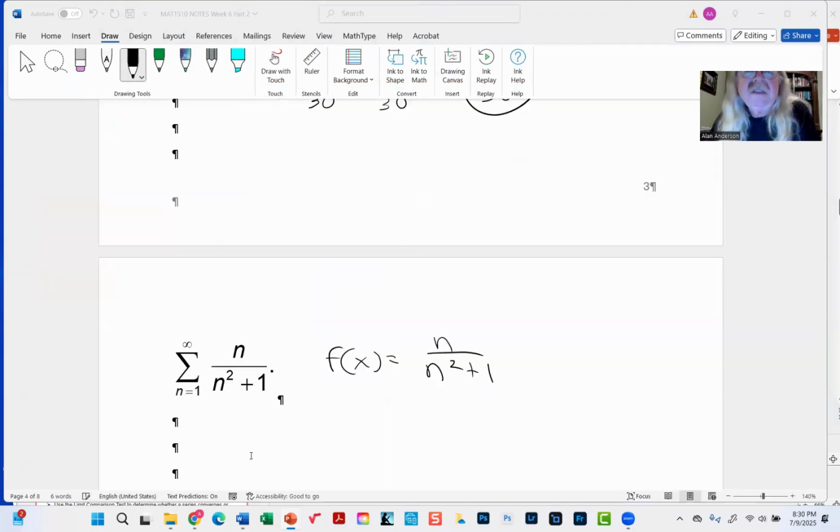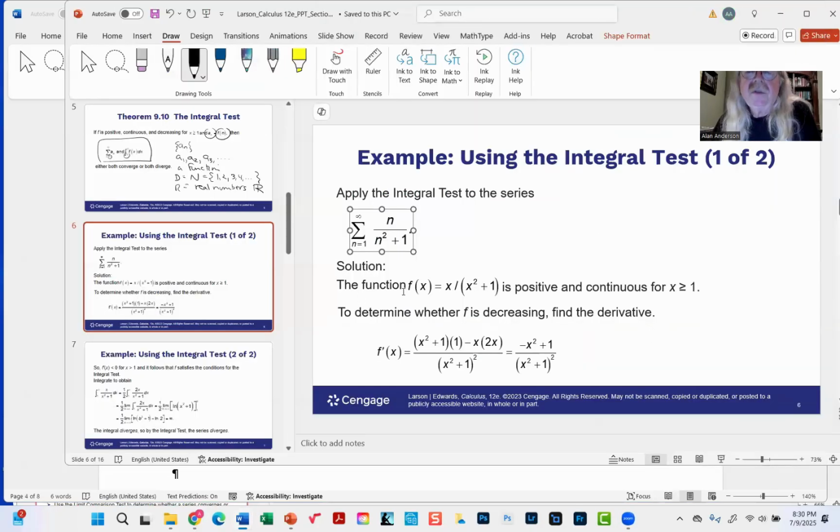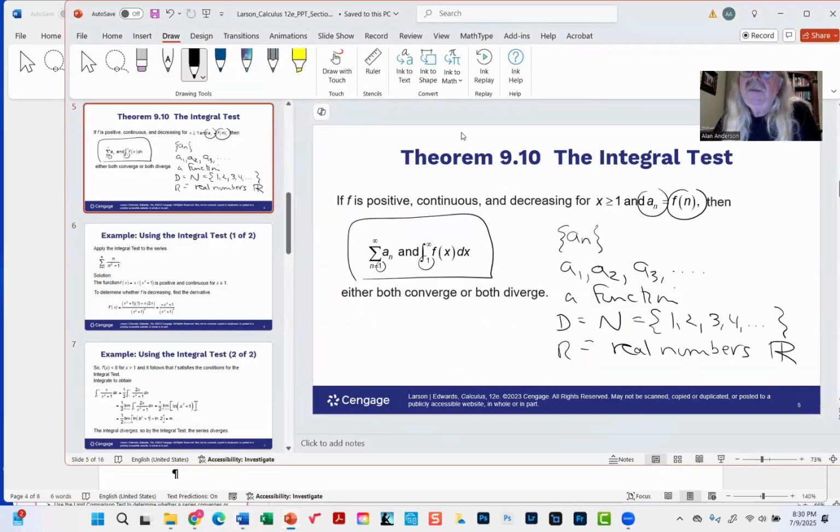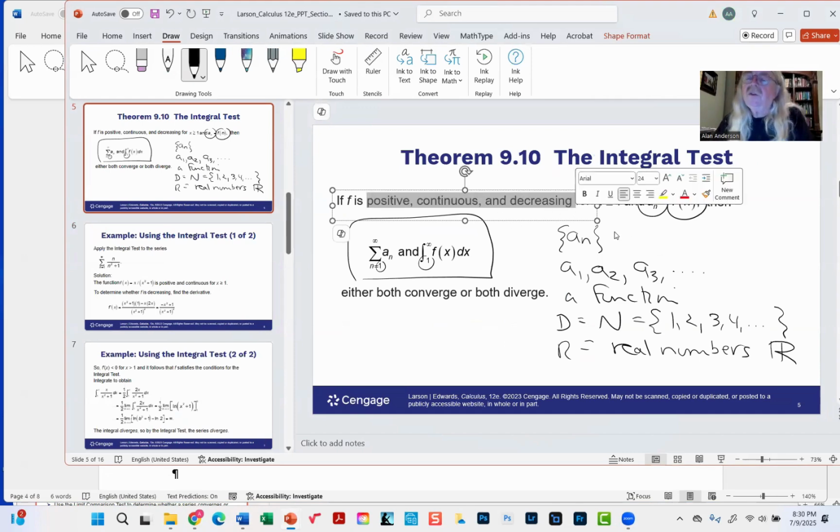To use this test to see if the series diverges or not, we need to know that the function is positive, continuous, and decreasing. That's important. We have to make sure of this before we do anything else. Once we get out past one, from one on up to infinity, if the function is positive, continuous, and decreasing, then this is our result.